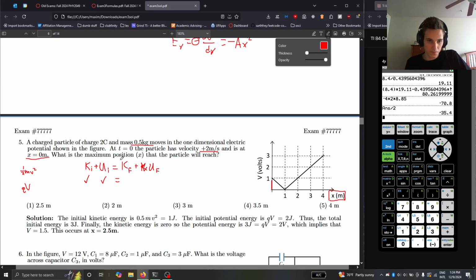So what are we given? We can see here that the electric field is going to be equal to the negative derivative of this V. It's initially positive technically, and then it goes negative.